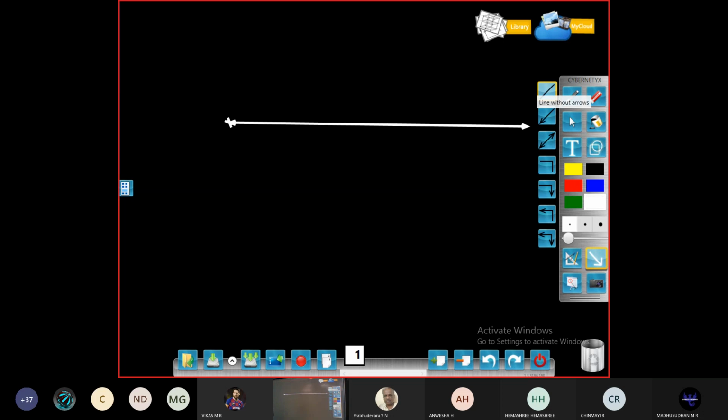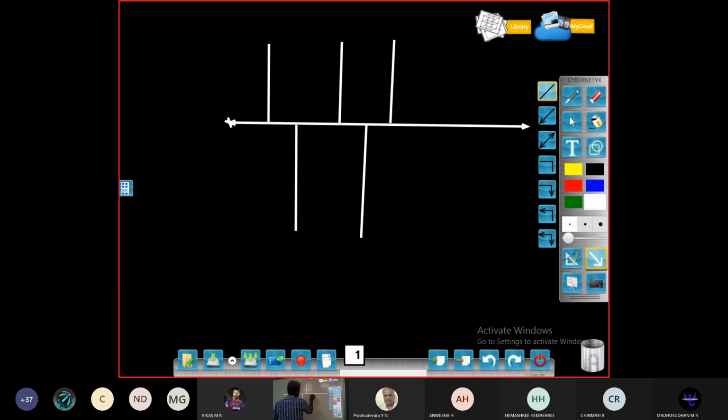So here is a street and then the main road. Let us take this as the main road. Then from here one street, then another one like this, second street, third street, fourth one, then similarly fifth street, sixth street, seventh street, eighth street.